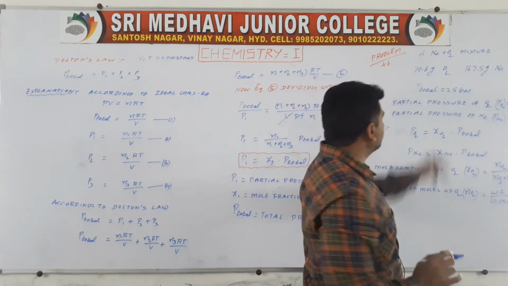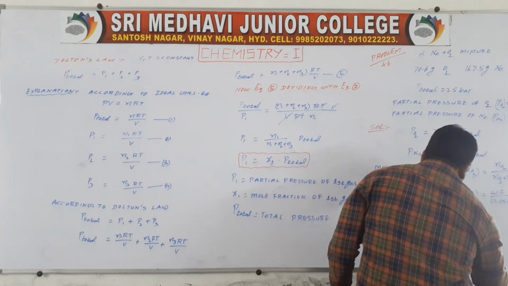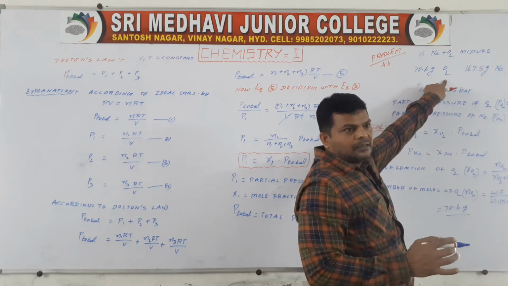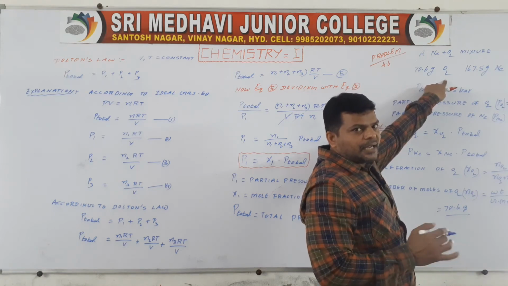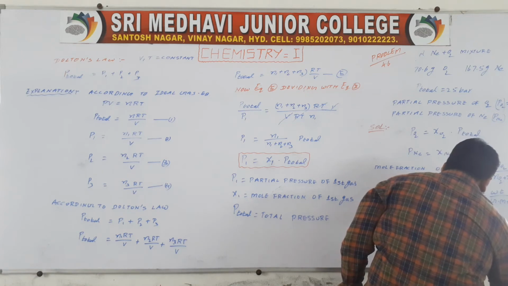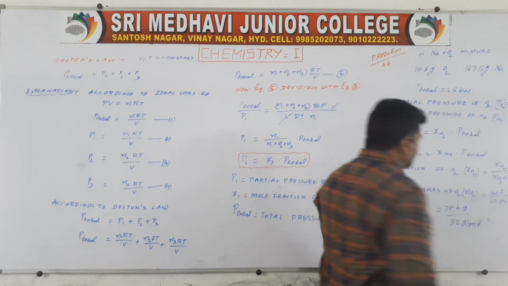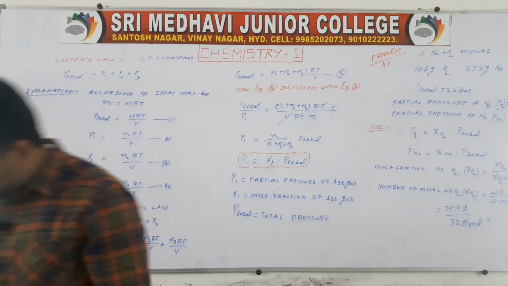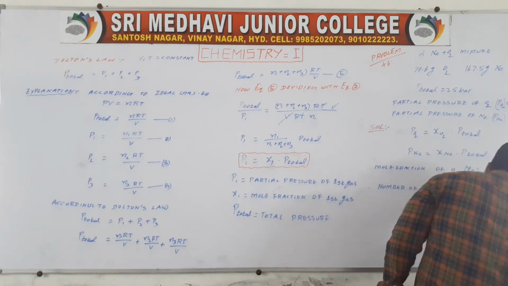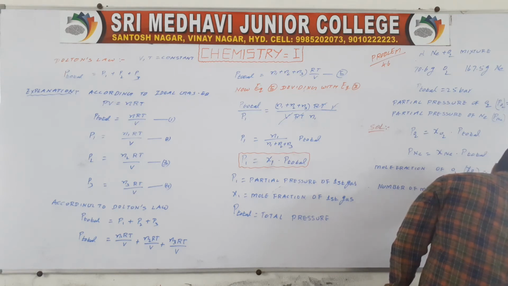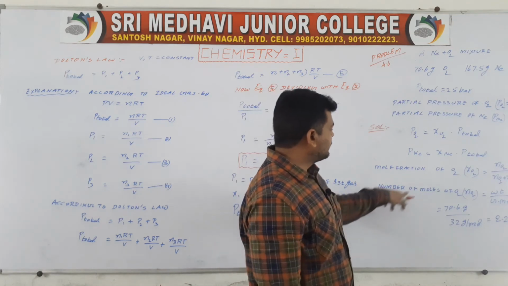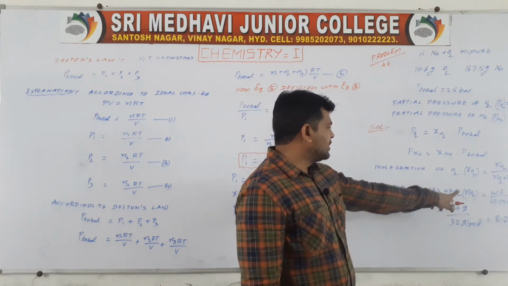Weight is given: 70.6 grams, divided by the molecular weight of oxygen. The atomic weight is 16, so two oxygens means 32 grams per mole. Then 70.6 by 32 is nearly 2.21 moles. This is the number of moles of oxygen.